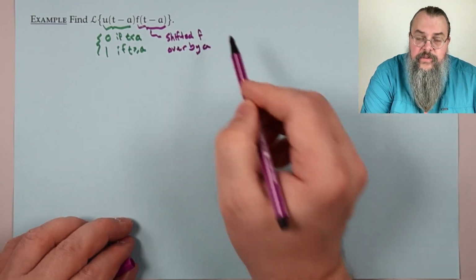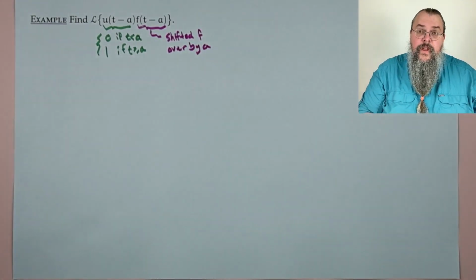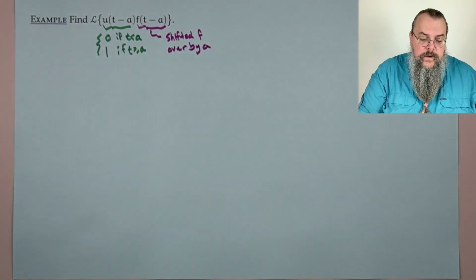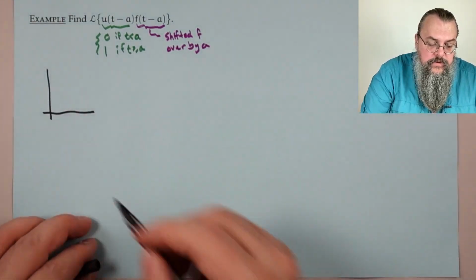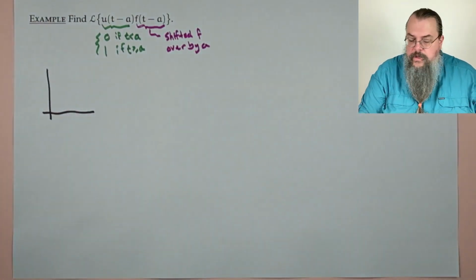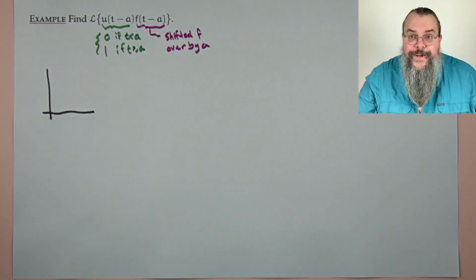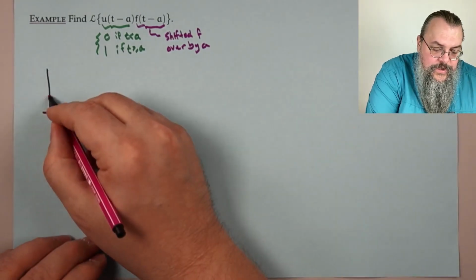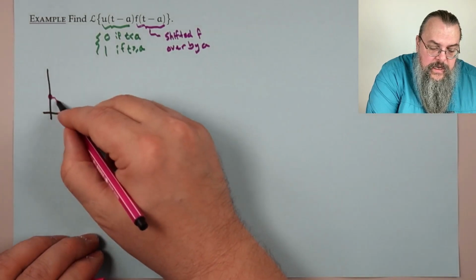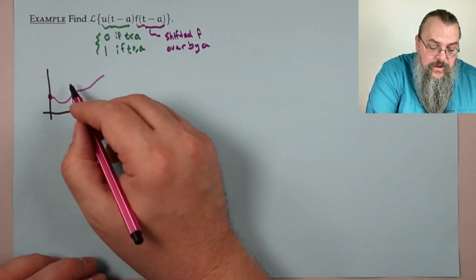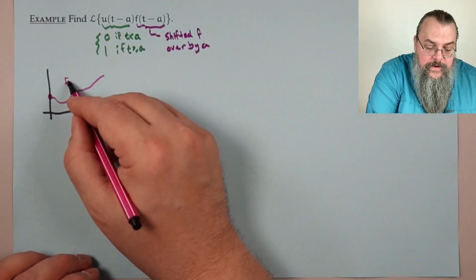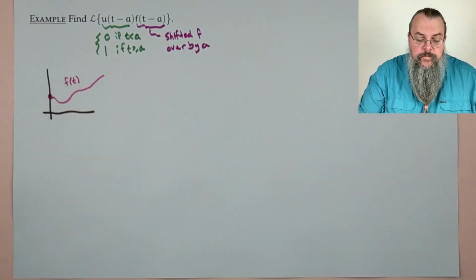Now visually, let's talk about what's going on. So we have our function f, and so what's happening with f? Well, starting at time 0, we have some type of behavior. Okay, so this is our f of t.